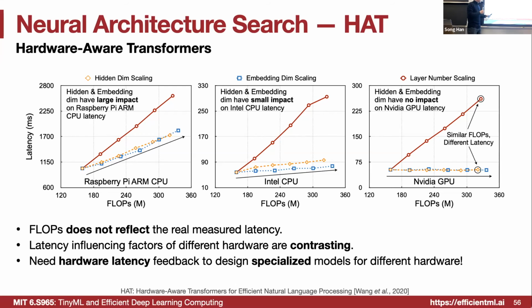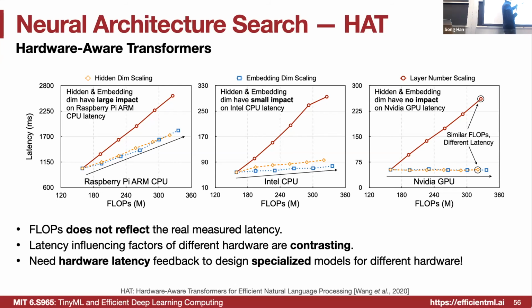An observation is that the FLOPs versus the latency is not growing at the same rate across different dimensions. For example, scaling the hidden dimension, which is the orange line, versus scaling the embedding dimension versus the number of layers. Okay? So the number of layers is the most sensitive with the latency.